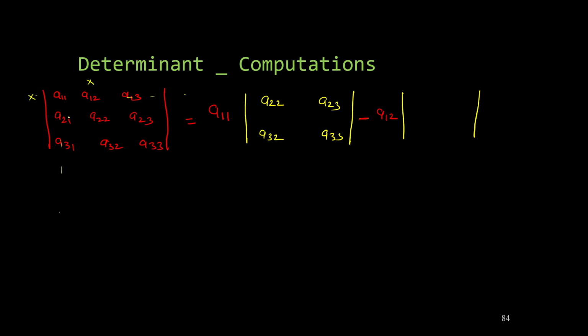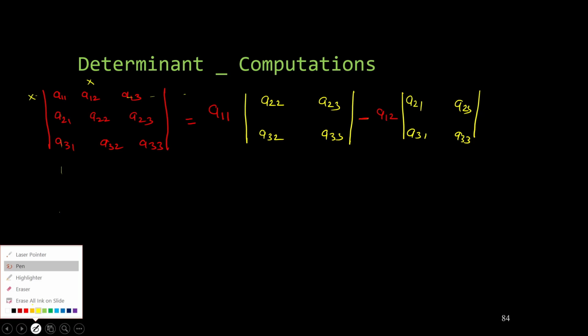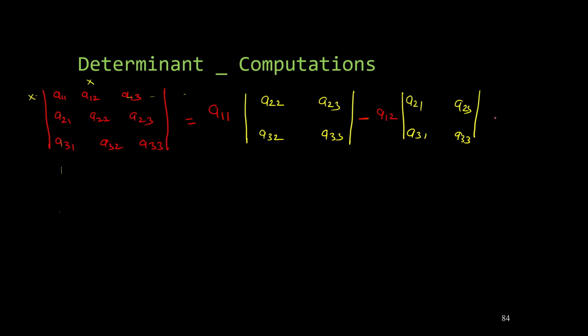So these are the elements which are left: A21, A31, A23 and A33, right? And similarly for the last element A13, I hope you might have guessed already, you need to remove the first row and the last column. So these 4 entries: A21, A22, A31, A32.